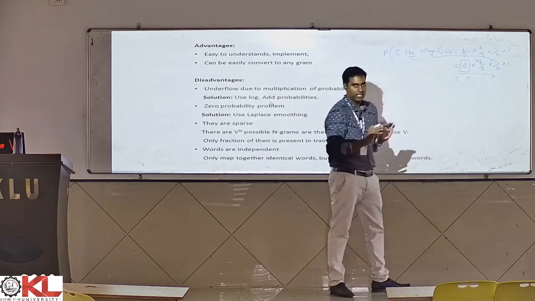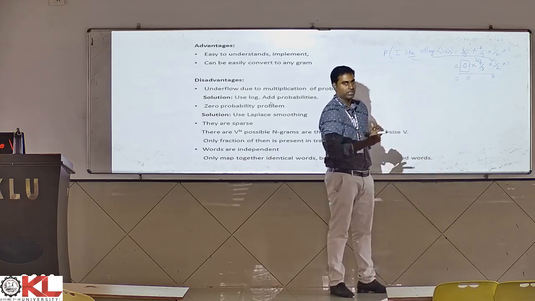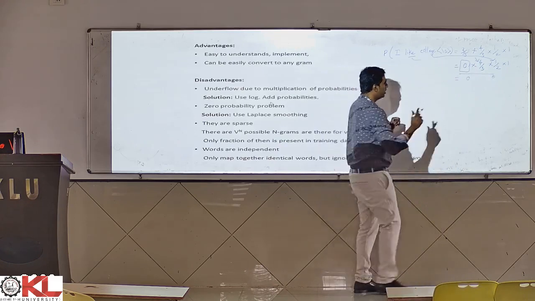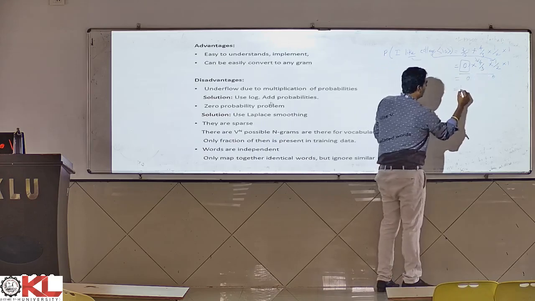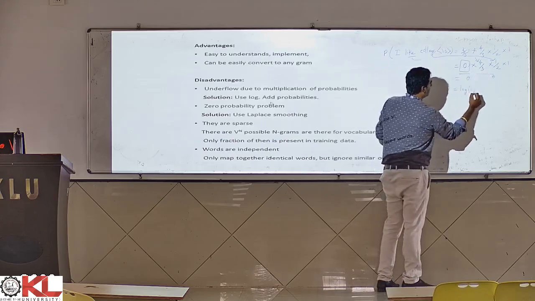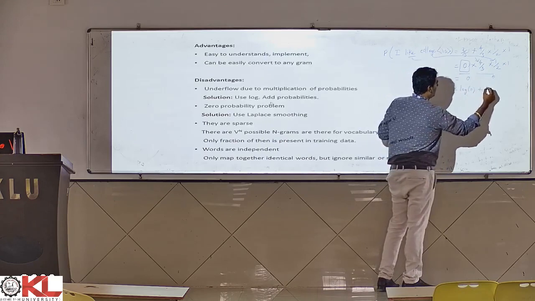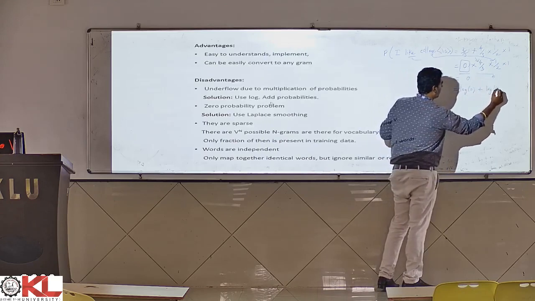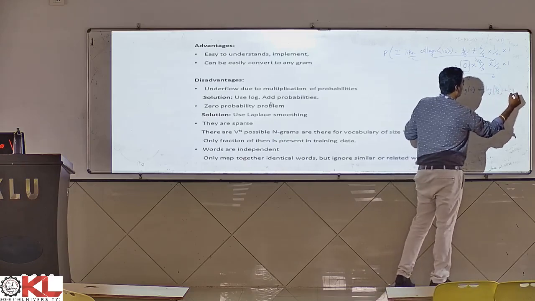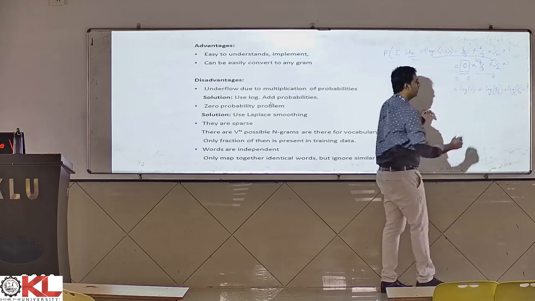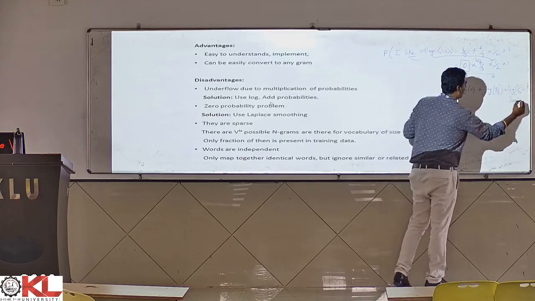It is not correct. How to solve this? Instead of taking the multiplication, we can take the log of the values and then sum all the values. This is one way of smoothing approach.